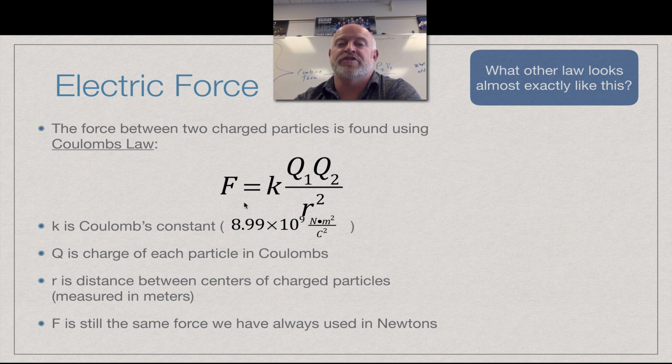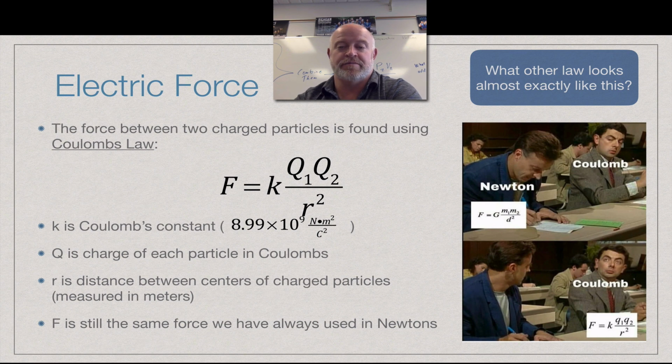We had another very universal force that used a very similar equation, and that was gravity. If you take a look, Newton said that the force of gravity is a constant, mass of one object, mass of the other object divided by the distance squared. In Coulomb's work, he realized that the exact same relationship works for charge compared to distance here. Not mass, but charge now. So it's not a coincidence.